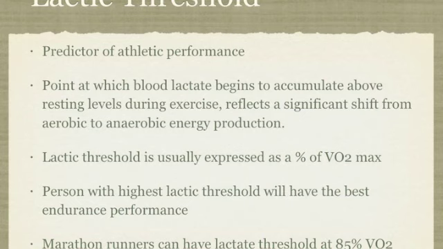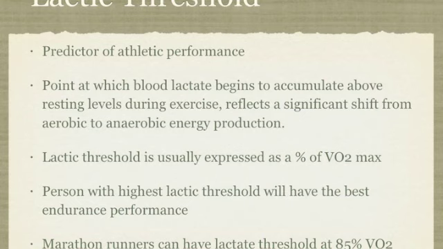Okay, so it's not just VO2 max. Two people can have the same VO2 max, the same ability to consume oxygen, but the person who can maintain their aerobic metabolism at a higher intensity before they start to produce higher amounts of lactate will be able to outperform the other athlete, because they can exercise at higher intensities without producing lactate, or they can metabolize it.